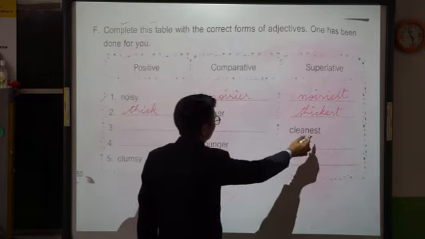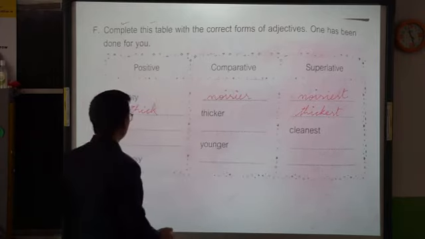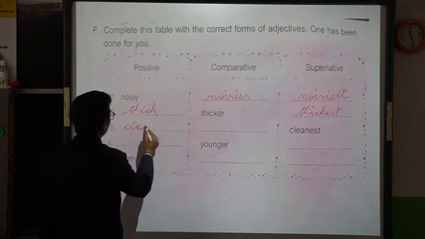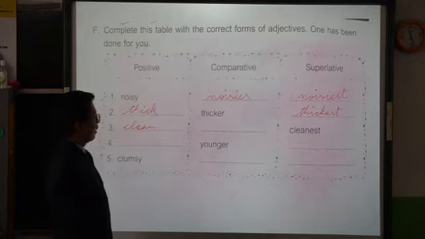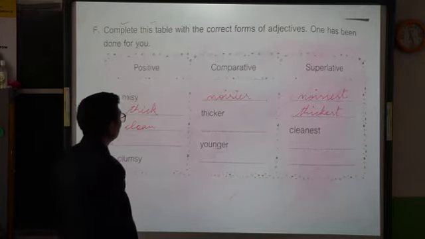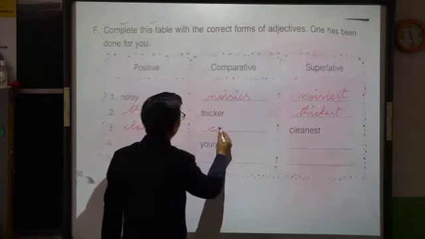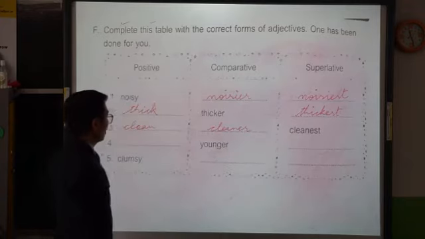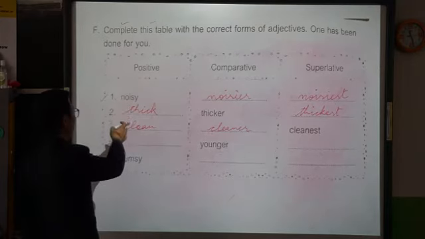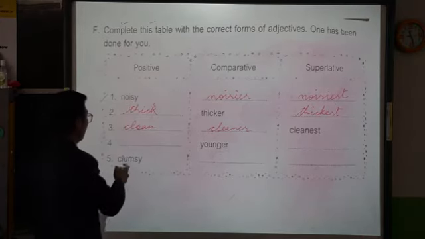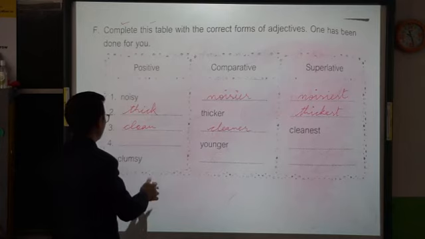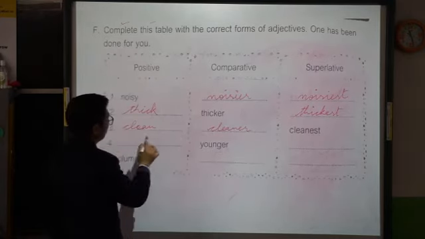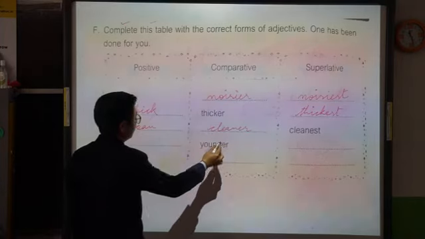Then next, number 3. In superlative it is written cleanest. So the positive word will be clean. Okay? Then comparative, cleaner, and cleanest. So always see the positive first, okay, when you do this kind of work. Now, the next number is 4. In comparative, it is written younger.